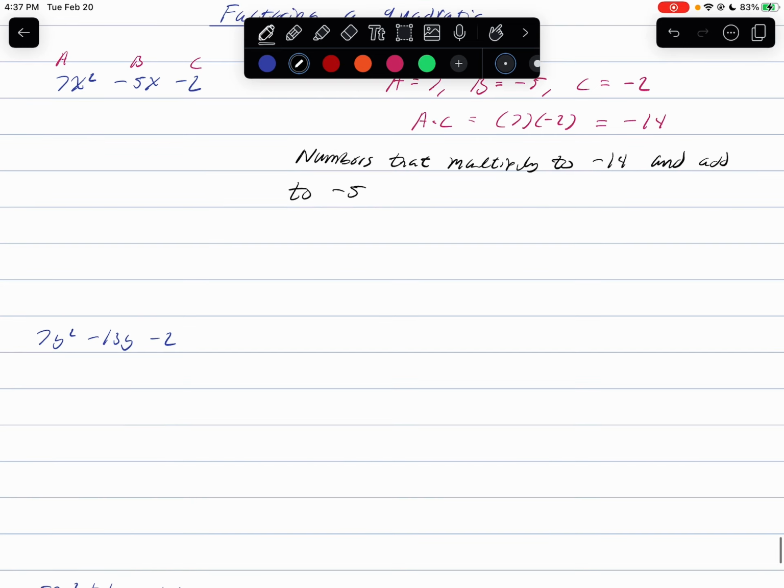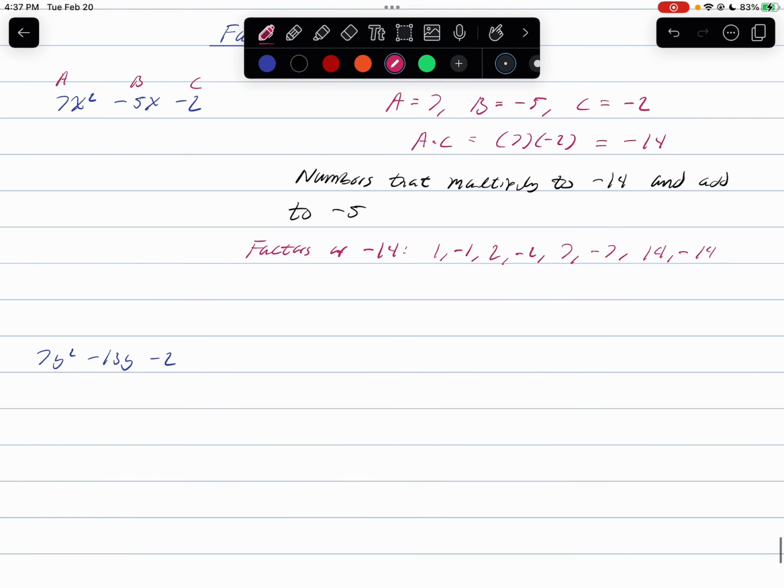Okay, so if we look at factors of negative 14, we're going to have 1 and minus 1, 2 and minus 2, 7 and minus 7, and 14 and minus 14. These are all factors that you could have here, okay? So we're looking for combinations of these, two numbers that will multiply together to give us negative 14 and add to give us negative 5.